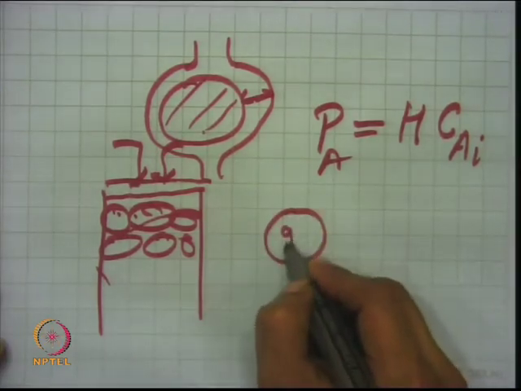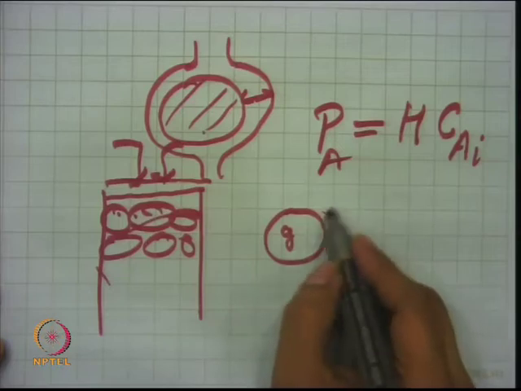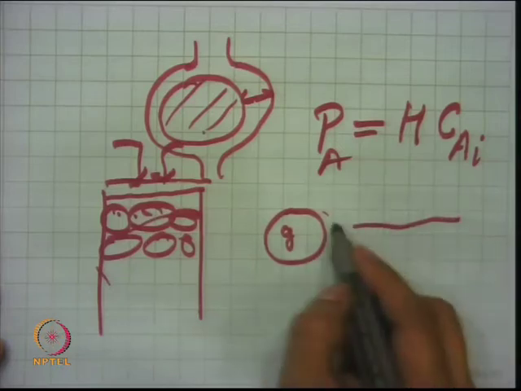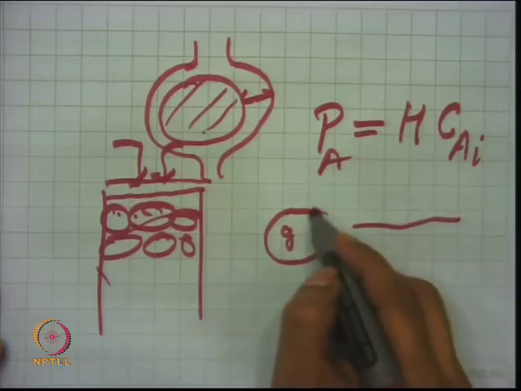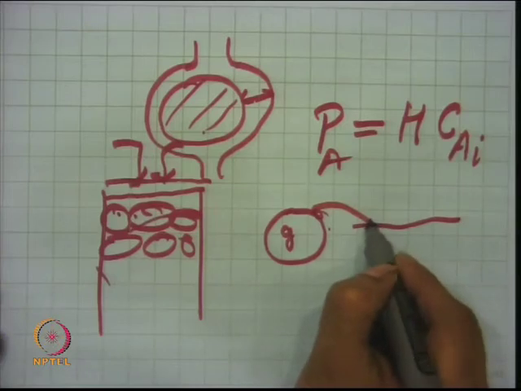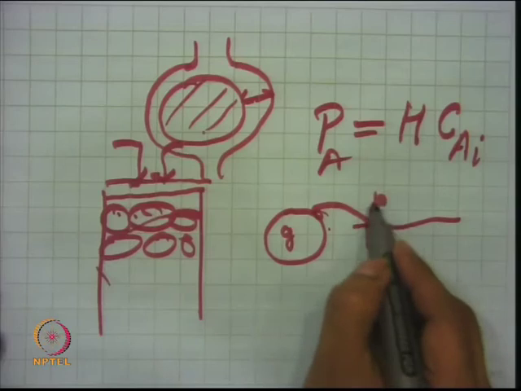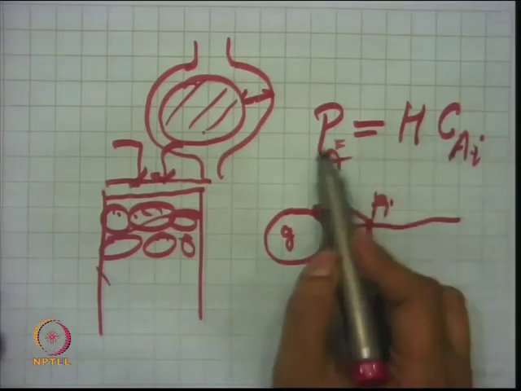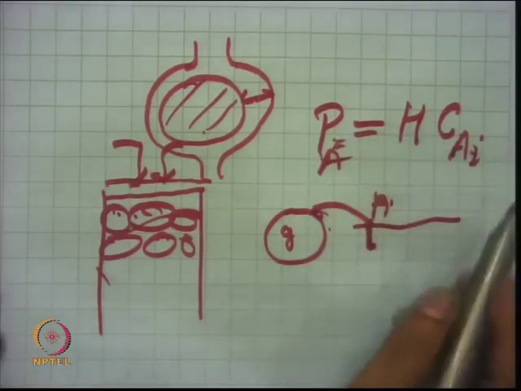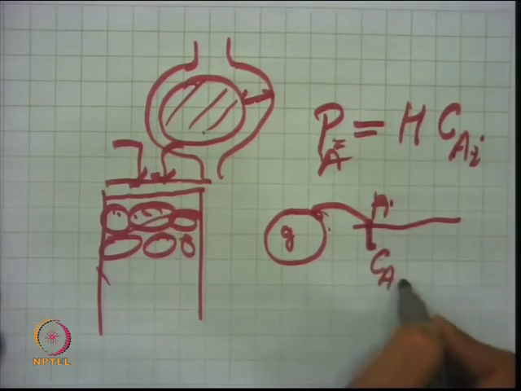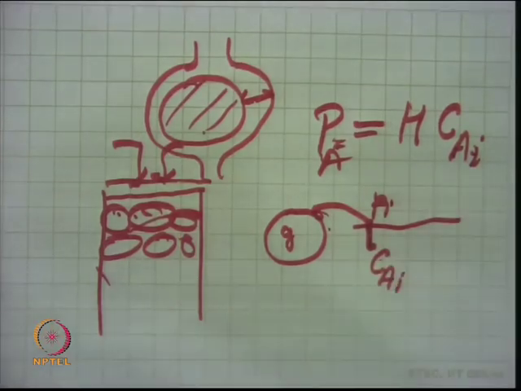Gas is here and this is the surface interface, and then there is a bulk liquid here. From here the gas will reach the surface and then it will be absorbed, and depending upon this interfacial or equilibrium relation, there will be a concentration at the gas-liquid interface. One is the gas film, another is the liquid film, so from gas film to liquid film.